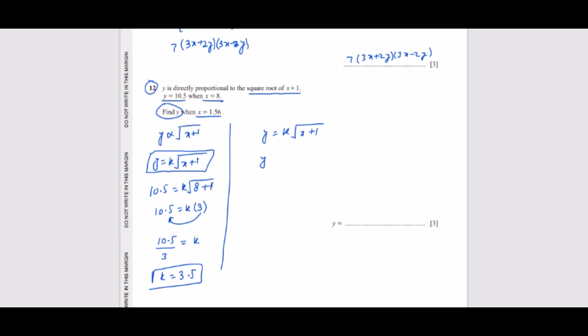So y is equal to 3.5 into square root x plus 1. Now put the value of x, that is 1.56 plus 1.